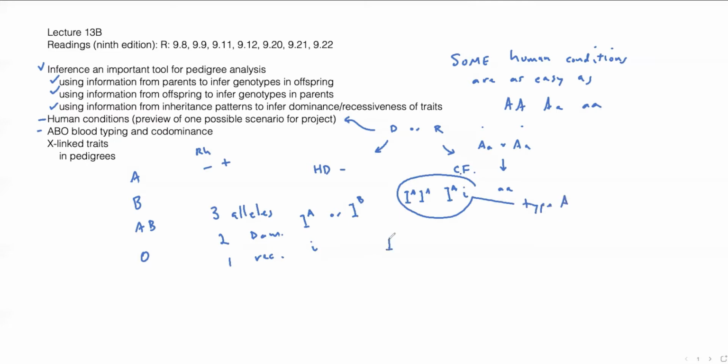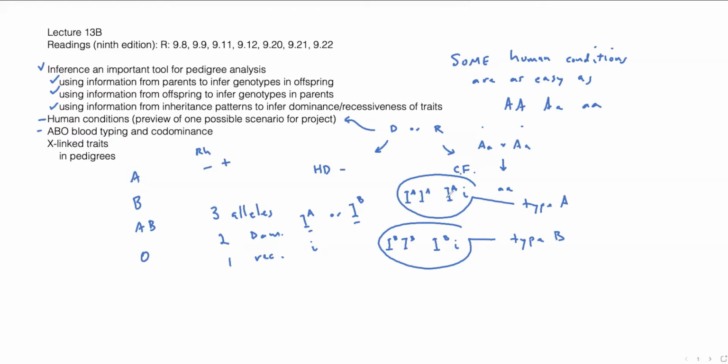You could be I^B I^B, or you could be I^B i, and these are both type B. So what we're seeing here is that these 2 alleles, I^A and I^B, are both dominant relative to little i, because their trait is expressed whether they're in the homozygous state or the heterozygous state.